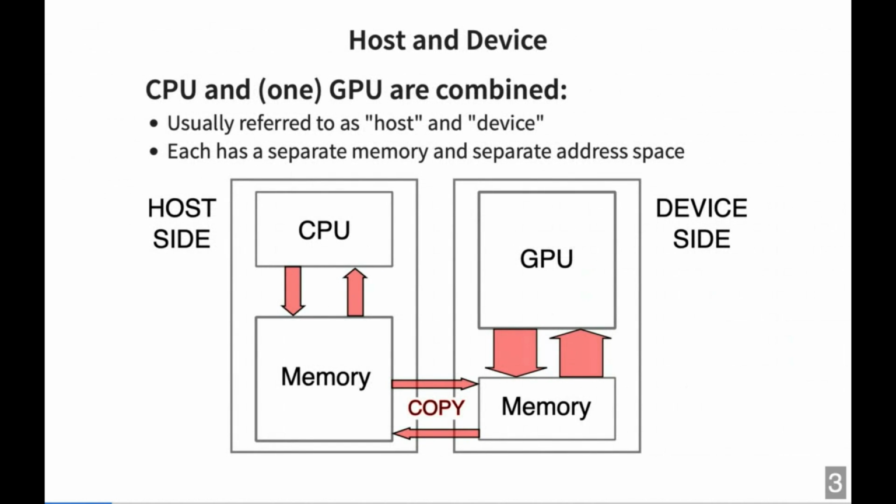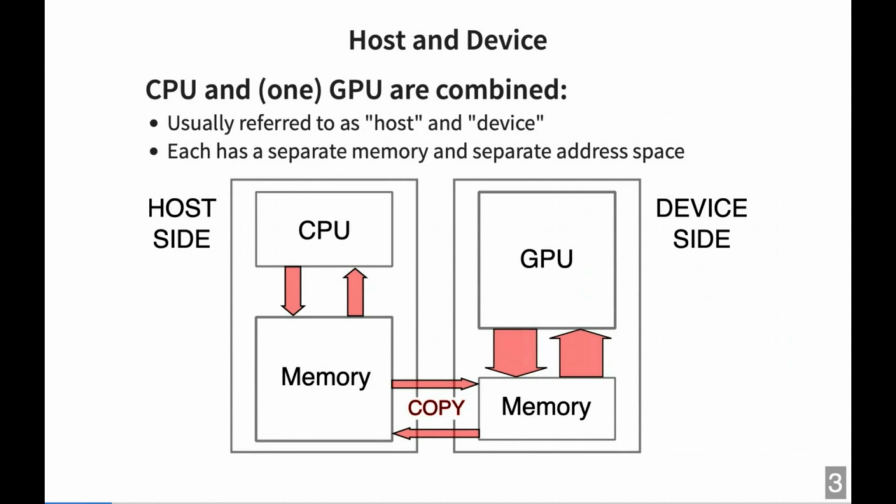So first of all, a bit of jargon. And the jargon we're going to look at is the jargon of host and device in GPU computing. So typically what one finds in a real machine is one doesn't have a GPU sitting on its own.